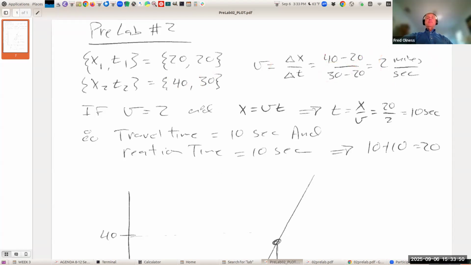And then here, we found out that if the velocity was really 2, to travel 20 miles takes only 10 seconds. So that's 10 travel time seconds, and the reaction time of the assistant is 10 seconds, and that gives us the 20.